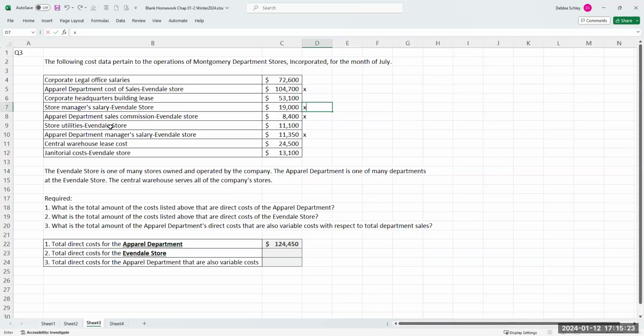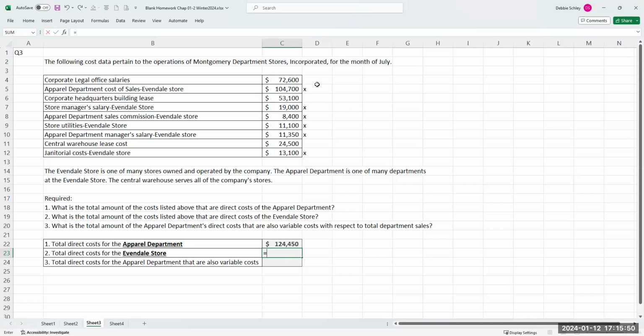Store utilities for the Avondale store. Again, because our cost object is the whole store, we will include that one in this answer. Central warehouse lease cost, no, that's indirect. Janitorial cost for the Avondale store. Now that we're talking about the whole store, we will include the janitorial cost as a direct cost.